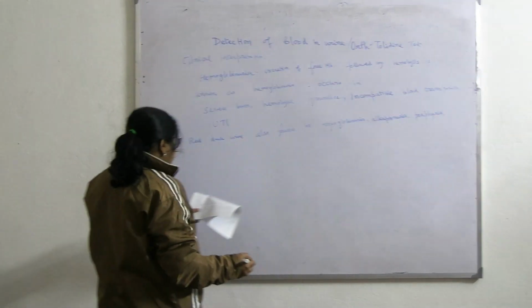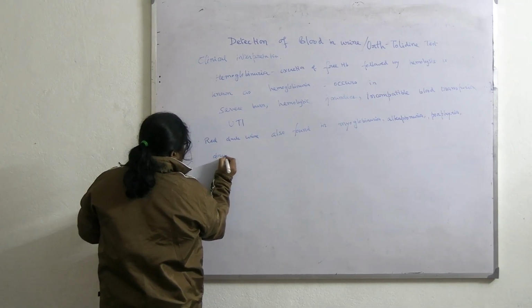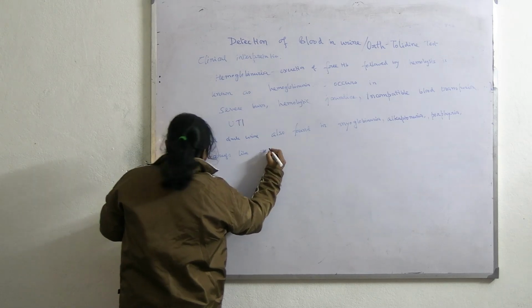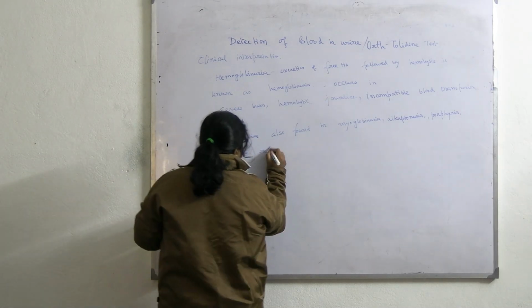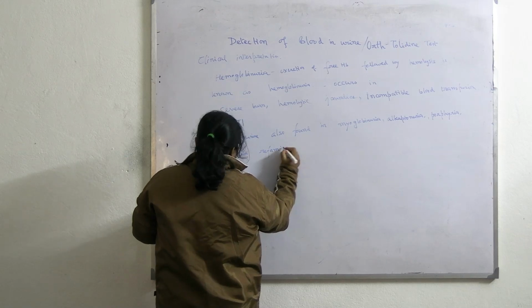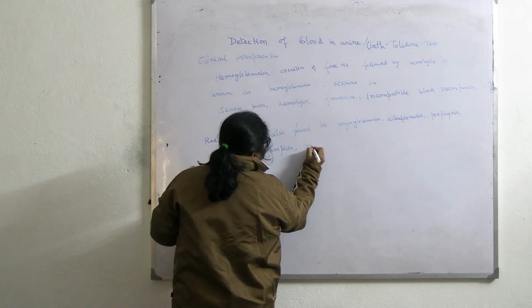These are hemoglobinopathies. Okay, and drugs like rifampicin, drug of TB, rifampicin, levodopa.